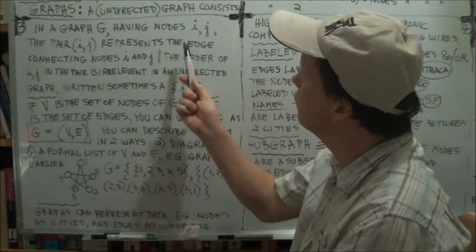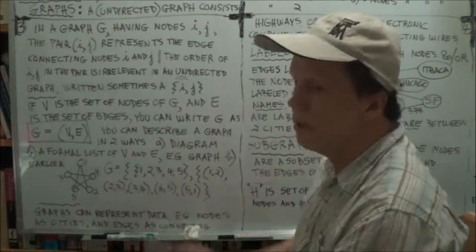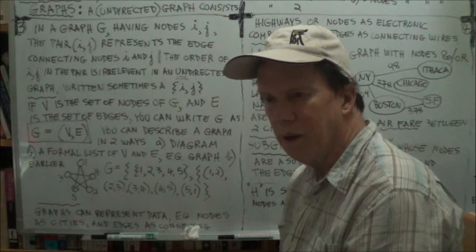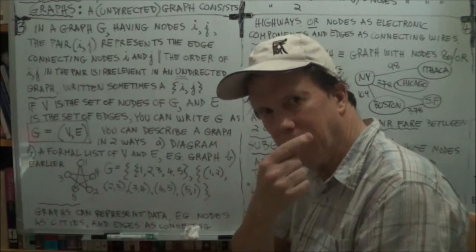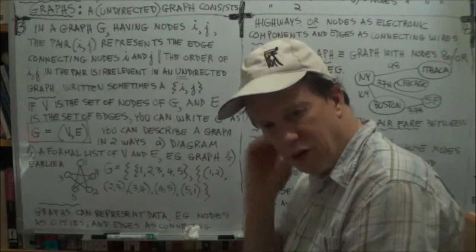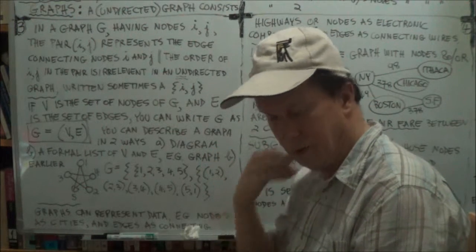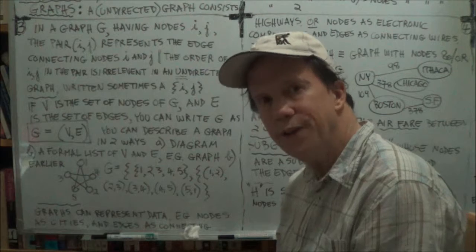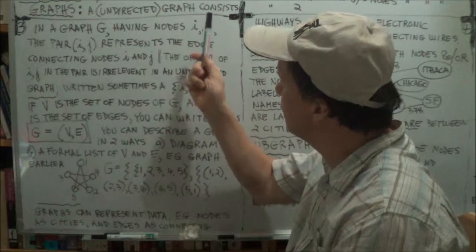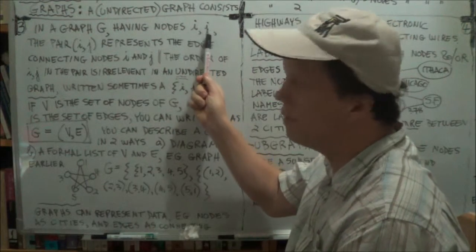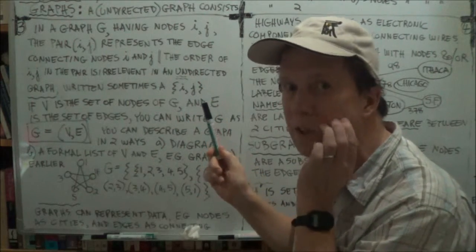So you have two nodes, and you label them i and j. Now, i and j might just be integers. They might be words, like names. A bit later we'll do nodes that represent cities, so labeling the nodes would be giving a city name, like New York. But let's just keep it simple and say these are just integers, natural numbers, counting numbers.